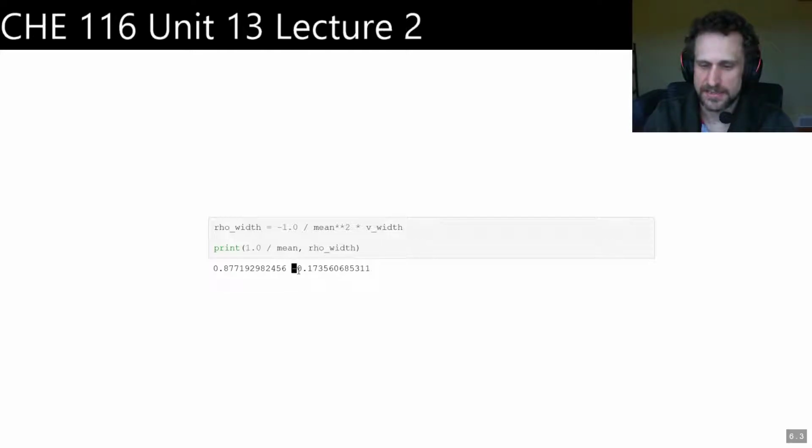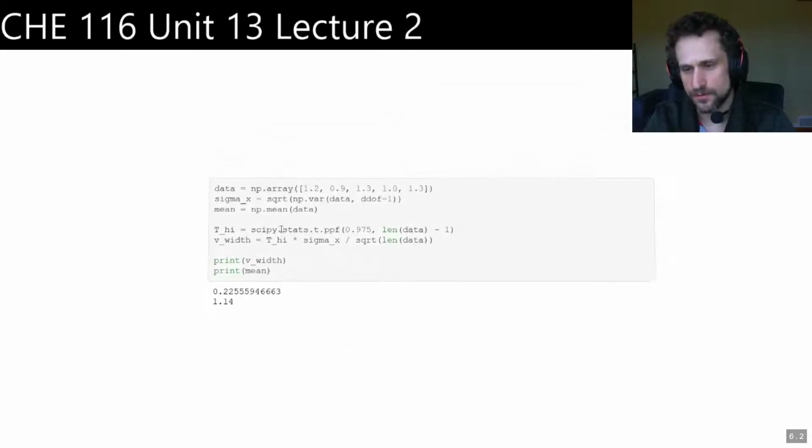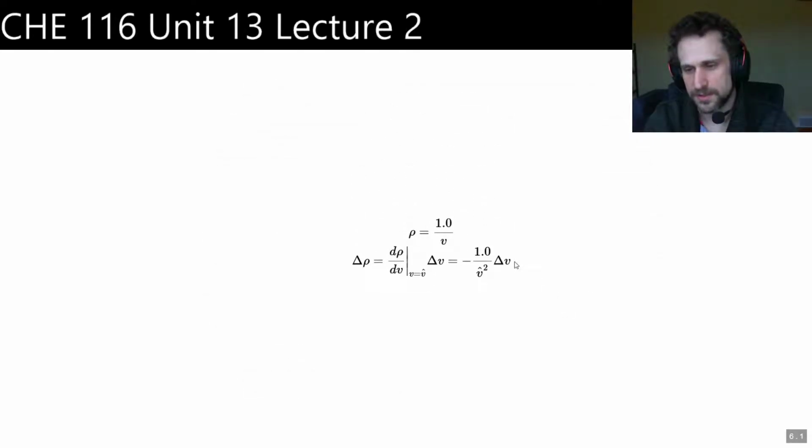Now notice the minus sign has no effect, right? Because it's plus or minus, and now it's minus or plus, I guess. So the minus sign doesn't make any difference for the confidence interval width. It just means that if your volume were a little bit high, then your density would be a little bit low, or if your volume were a little bit low, your density would be a little bit high.